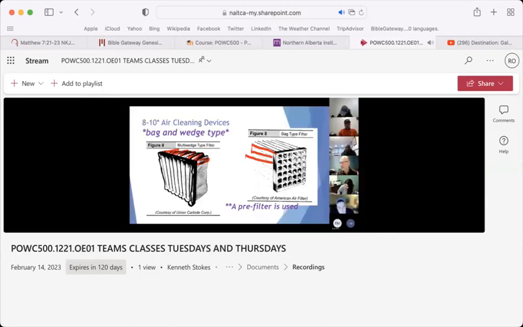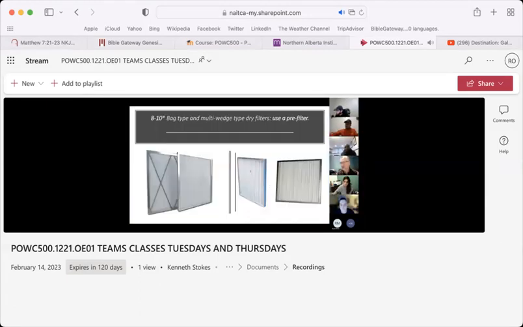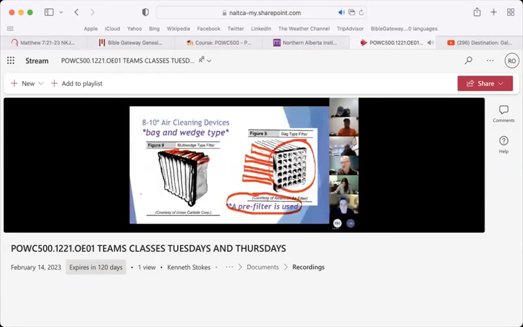Bag house filters that I'm familiar with are about 4 to 8 feet long, and they're about 4 inches in diameter. And there's hundreds of them in a filter frame like this. They're called a bag type. And these ones use some kind of pre-filter. So there will be a filter like this on the front of these guys.